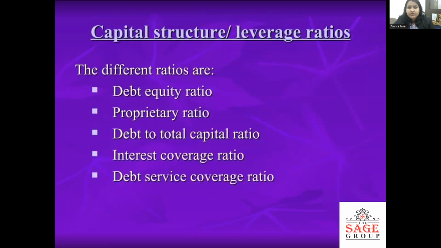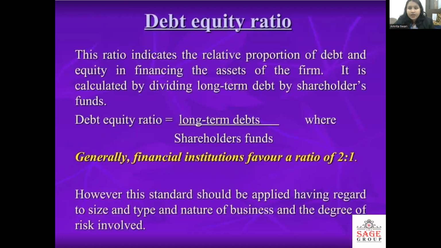Capital structure and leverage ratios: debt equity ratio, proprietary ratio, debt to total capital ratio, interest coverage ratio, and debt service coverage ratio. What is the debt equity ratio? This ratio indicates the relative proportion of debt and equity in financing the assets of the firm.